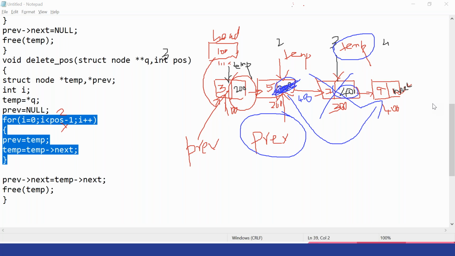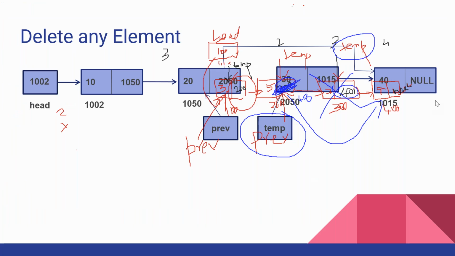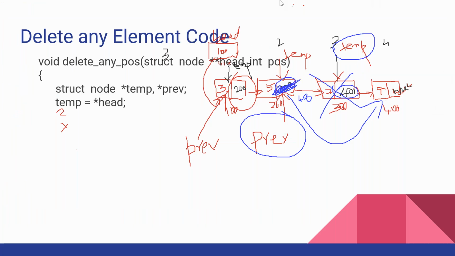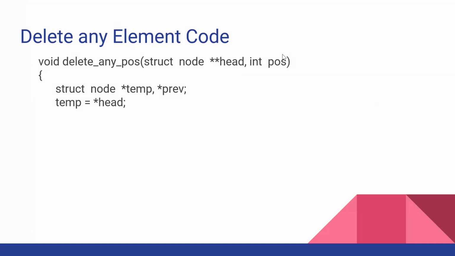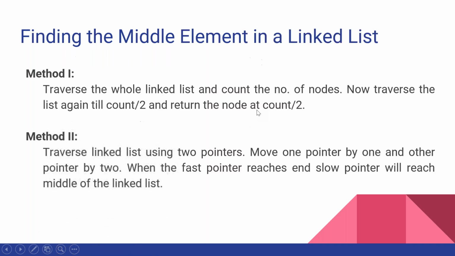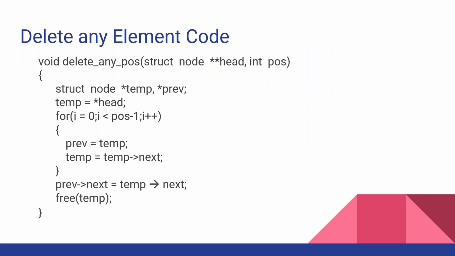So I have brought an assignment for you. Now it is your chance to find the middle element of a linked list. So what will you do to find the middle element? Usually in mathematics, how will we find the middle element? Assume that we have 4 numbers or 5 numbers.